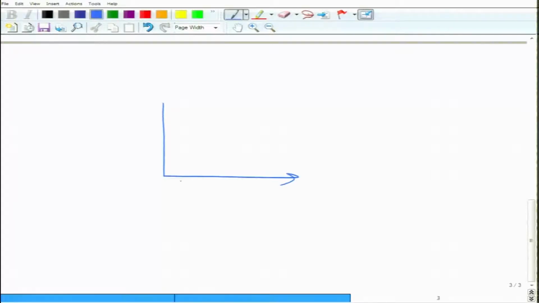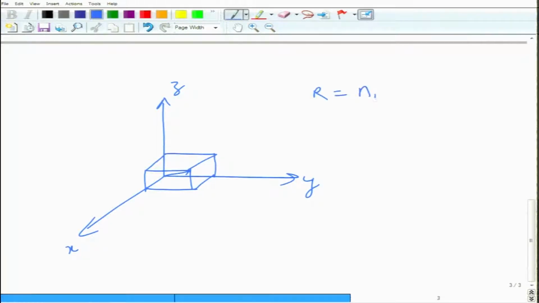The second thing we considered was that a lattice can be represented by vectors. So you can have Cartesian axes, let us say this is x, this is y, this is z, and a lattice represented in this fashion. Here I can have a vector r, and this r is nothing but n1 a1 plus n2 a2 plus n3 a3.